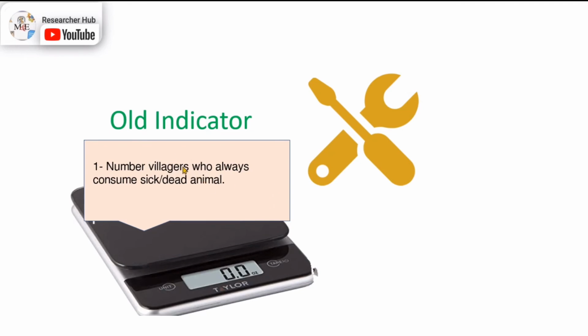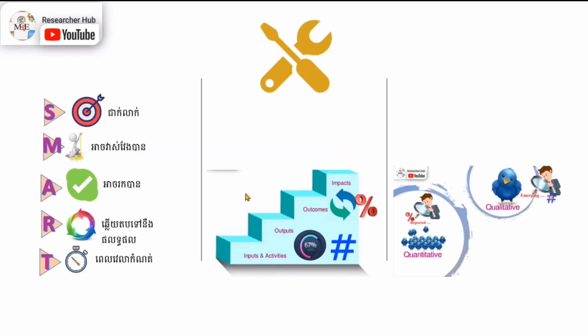So how do we make it smart, or a good indicator? I say good indicator here because it's not just about being smart. They're smart, but a good indicator is more than that. We also consider that indicators for output are normally used only to demonstrate progress and start with a number, while at the outcome and impact level, which is used to measure changes, they normally start with a percentage.